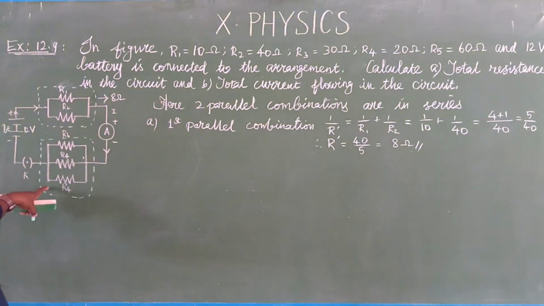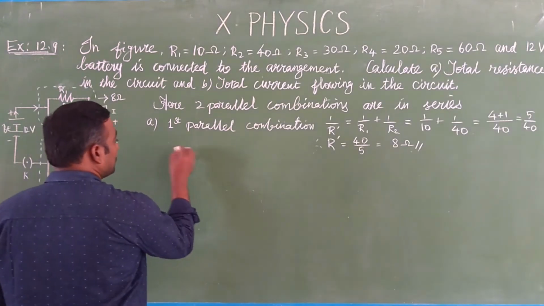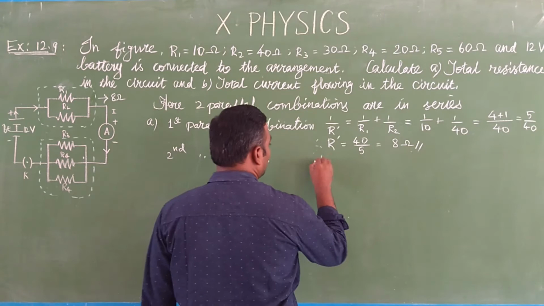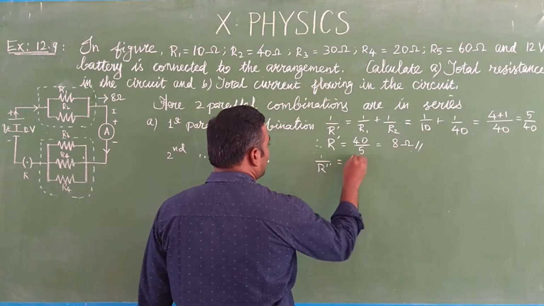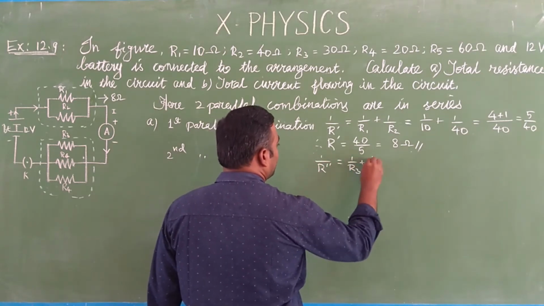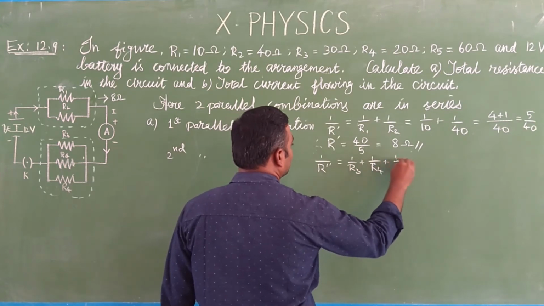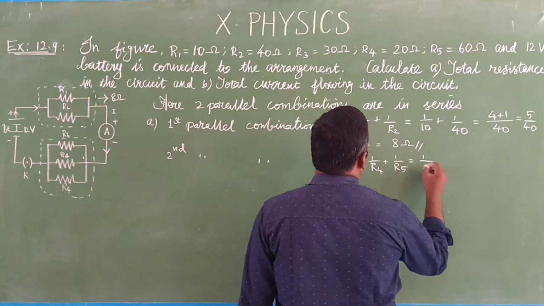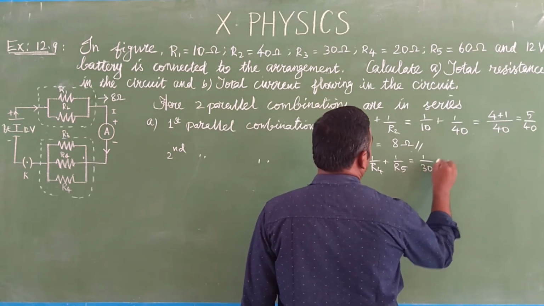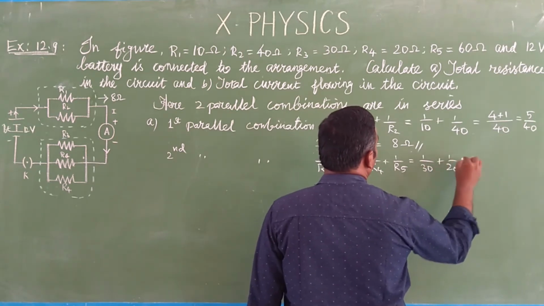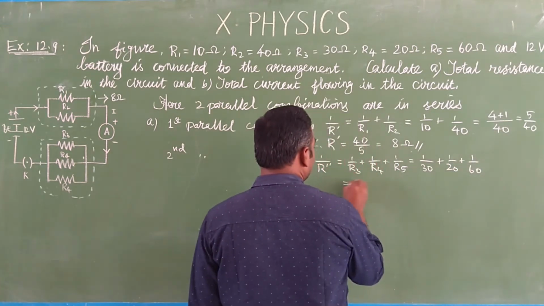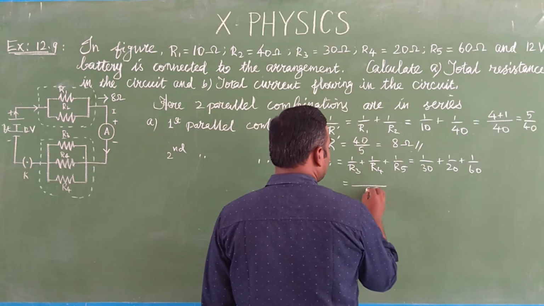Similarly, we want to find the second parallel combination value: 1 by R double dash is equal to 1 by R3 plus 1 by R4 plus 1 by R5. Substitute the values: 1 by 30 plus 1 by 20 plus 1 by 60. If you take LCM, it is 60.